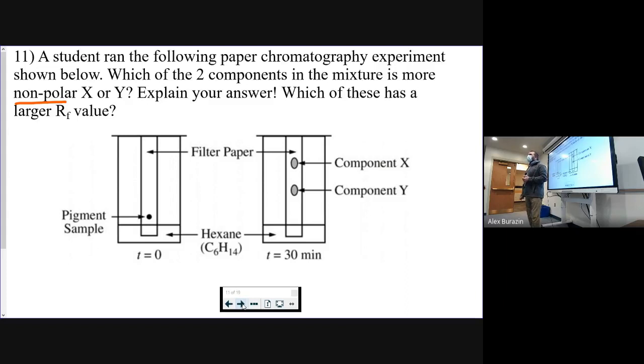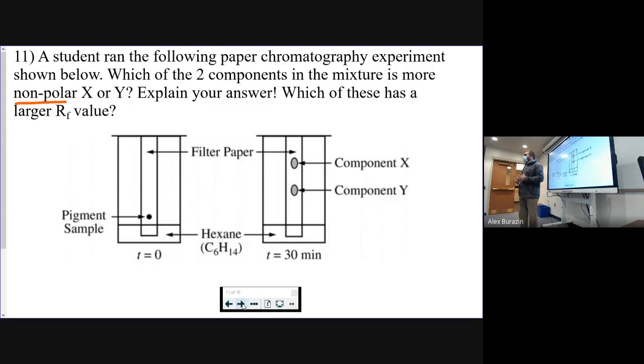Nonpolar substances will mix with other nonpolar substances. So as the hexane is wicking up the page, whatever is more attracted to the hexane will travel farther. It's attracted to the liquid. As the liquid travels and moves, the part that is most attracted to it will move farther.